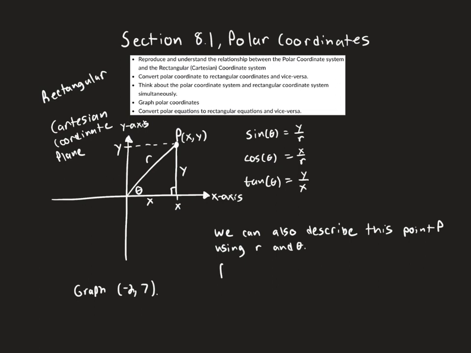And if we describe this point using r and theta, we would all find the exact same point, as long as we know that we're talking about this different coordinate system. And I think this might be easier if we look at a couple of examples.